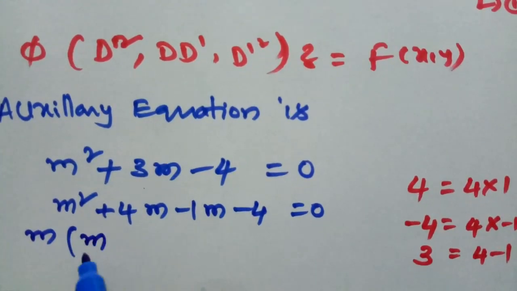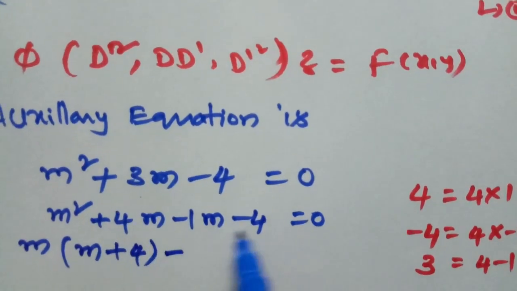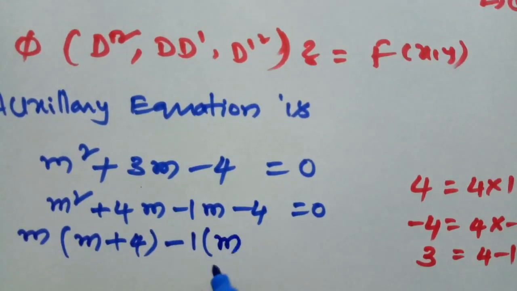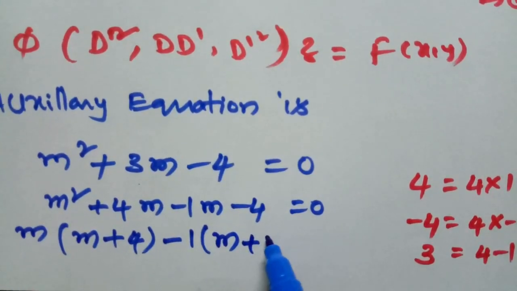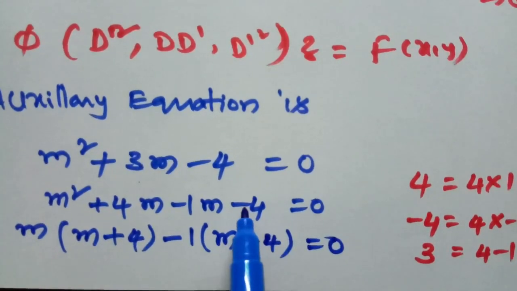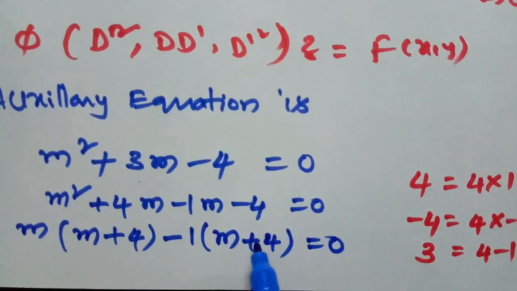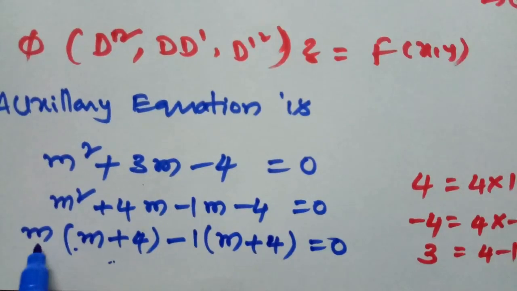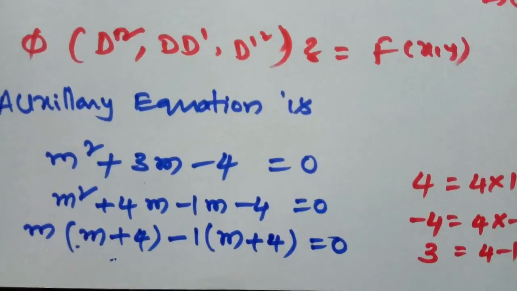So the remaining factor is m plus 4. In the last two terms, minus 1 is a common factor, and the remaining factor is m plus 4. Again m plus 4 is a common factor. Therefore the remaining factor is m in one term and minus 1 in the other. Therefore m plus 4 into m minus 1.